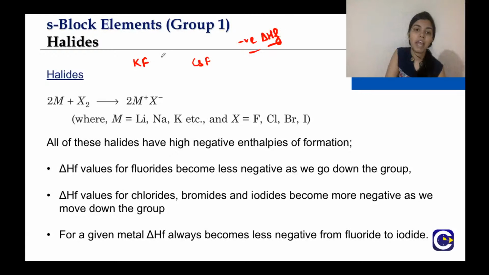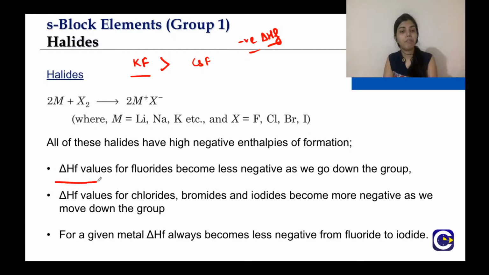You will say that potassium fluoride has a more negative enthalpy of formation than cesium fluoride. Why? Because delta H of formation values for fluorides become less negative as we go down the group. So lithium fluoride will have the highest negative value, and cesium fluoride will have the least negative value.